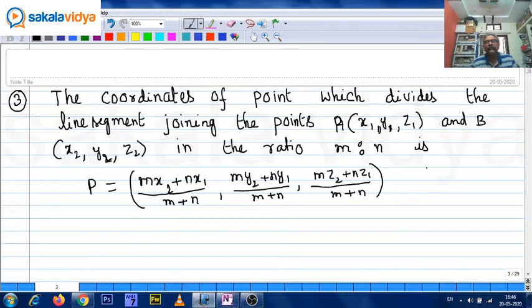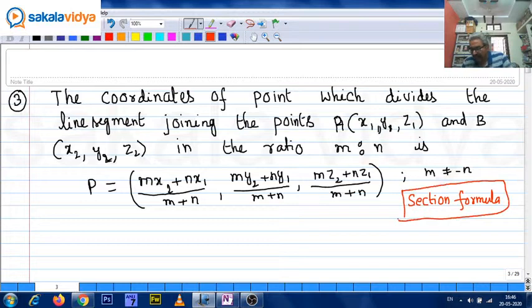Here m does not equal minus n. You remember this condition. Actually we name this as the section formula.